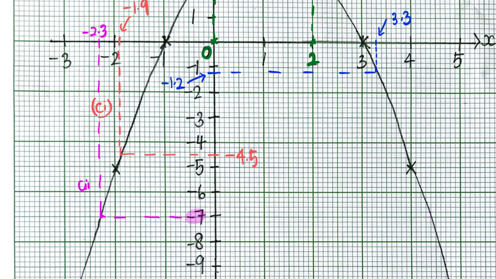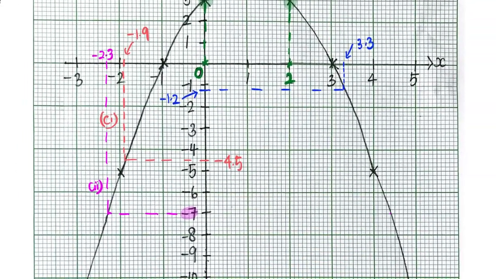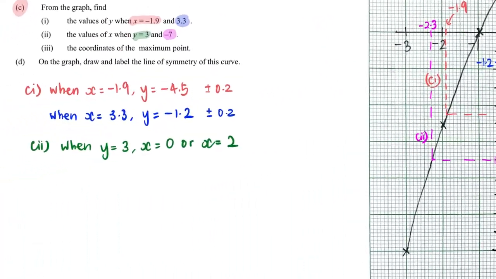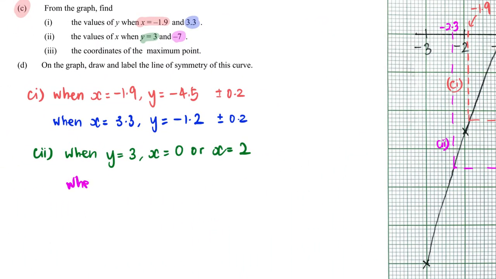This is for C part 2. And the other answer is 4.4 for my case. So let's go back to the answer. When y equals negative 7, my x equals negative 2.3 or 4.4.